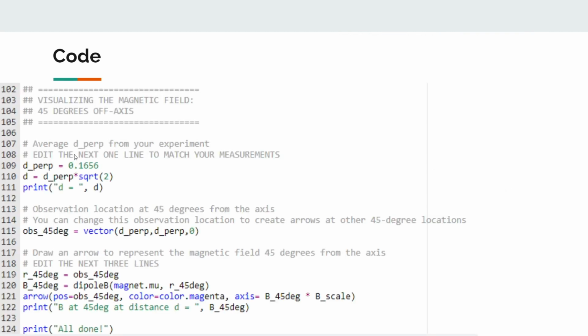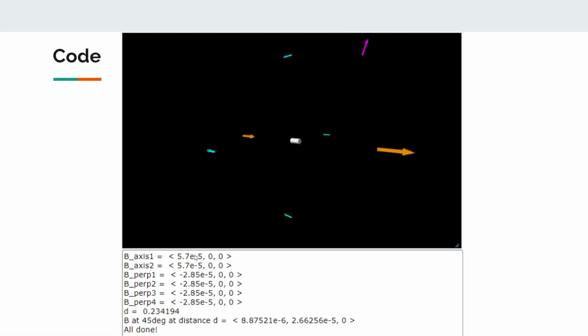And for this part, just setting the average dperp value from our experiment equal to the dperp variable. And for this one, this was calculated to be my observation location at 45 degrees, and then this is just drawing the arrows. And this is what my code result looked like with my values all right here.